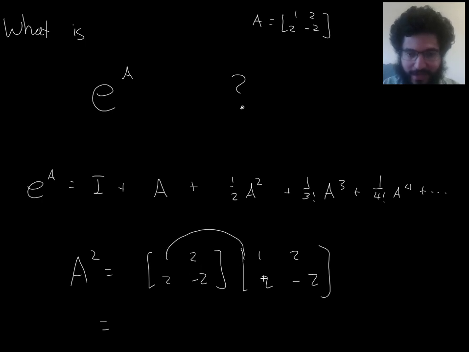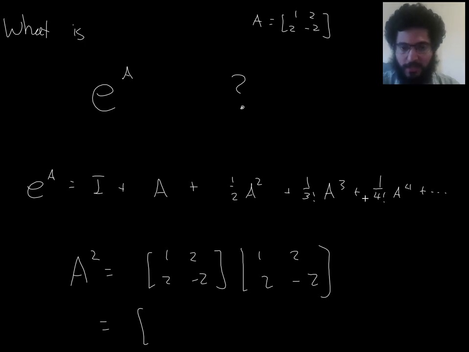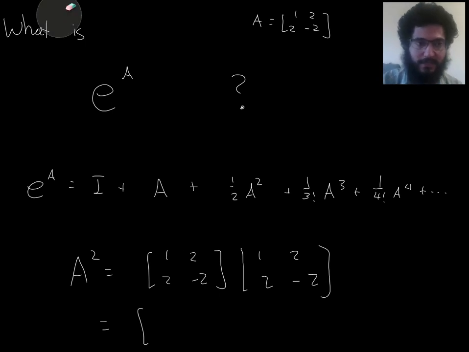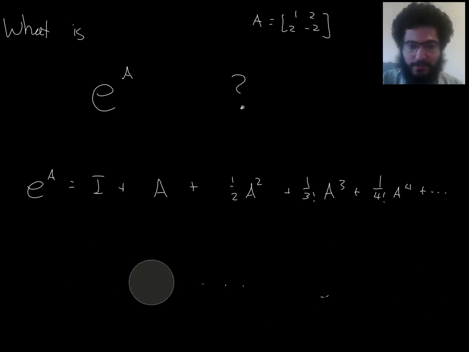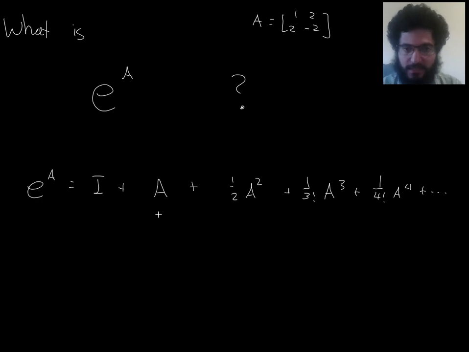You're not just multiplying terms over, right? You have to actually do matrix multiplication. Everything's going to get intermingled and mixed in some complicated way. And each time that will happen, A cubed will be A times A times A, a triple matrix multiplication. It's super annoying to compute and just impractical. So using this definition, not so good.